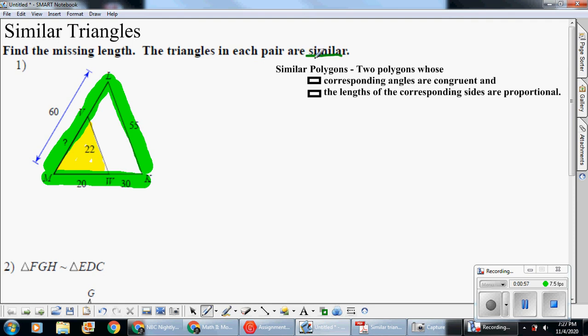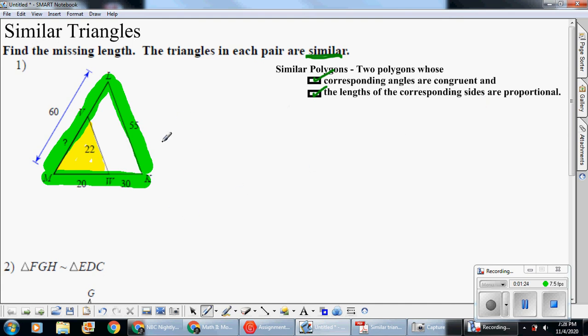So we know that corresponding angles are congruent and the corresponding sides are proportional. Unfortunately, there's no information given about the angles, so this type of information cannot help me. I have to use the corresponding sides being proportional.